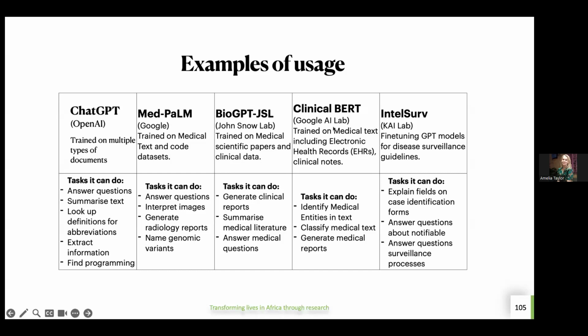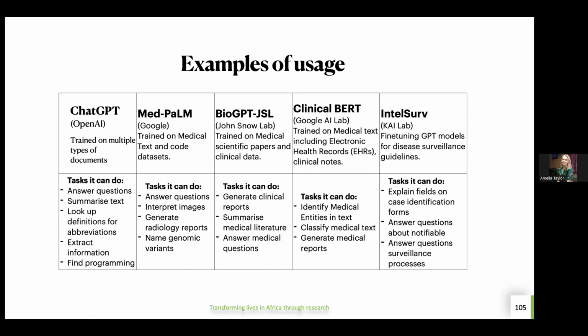Another one from Google AI Labs, Clinical BERT, is trained on medical text, including electronic health records and clinical notes. I don't know where they come from, don't ask me, but this is using some more sensitive data. You can say electronic health records and clinical notes are more sensitive in nature than something like an academic paper.